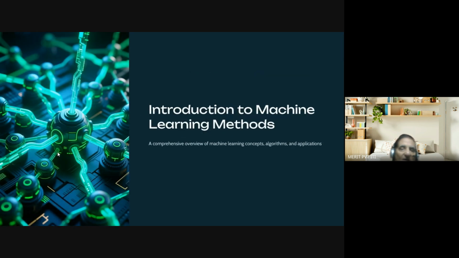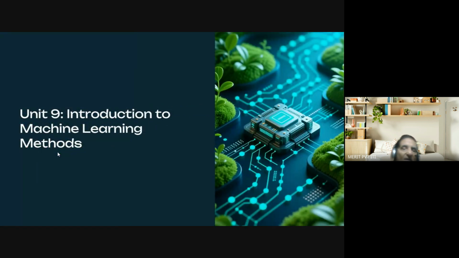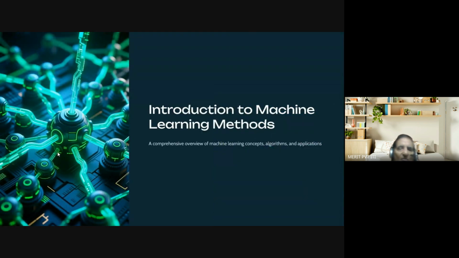So that covers up to unit 8. Introduction to machine learning methods, which is important for big data, we'll do next time, that is next Saturday. Okay. The rest we'll do next, and that will also talk about big data.